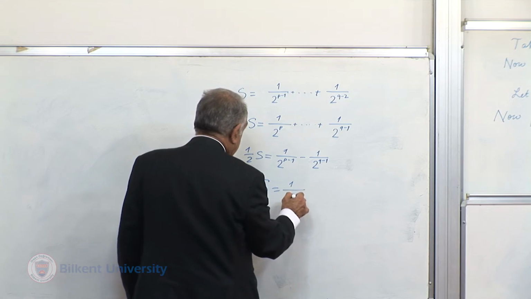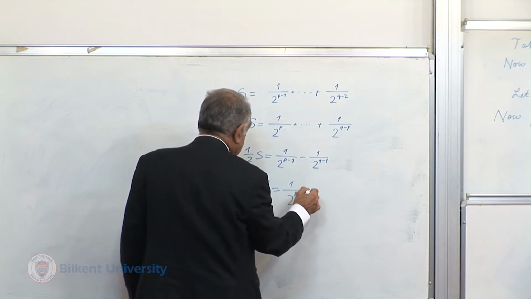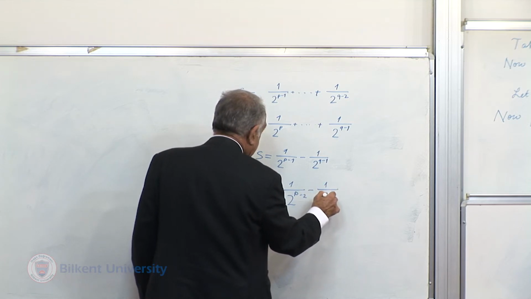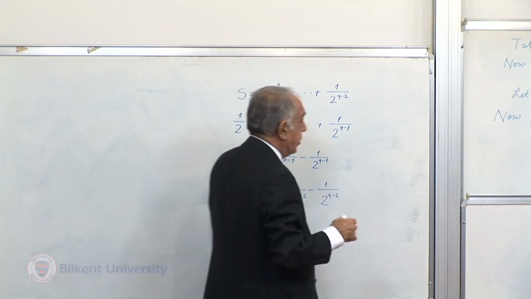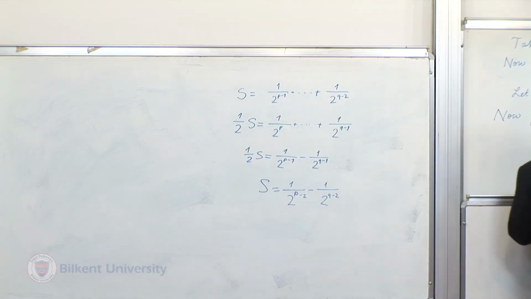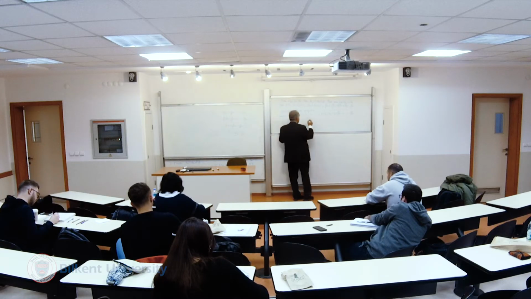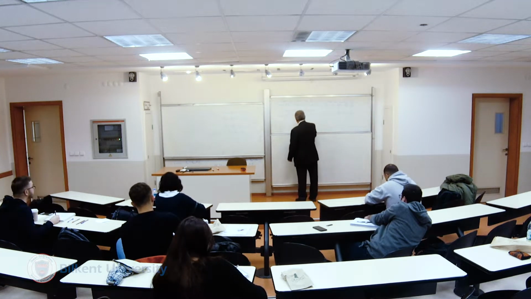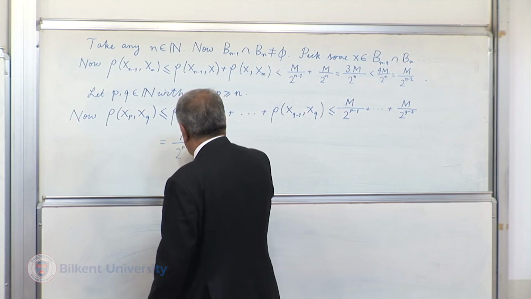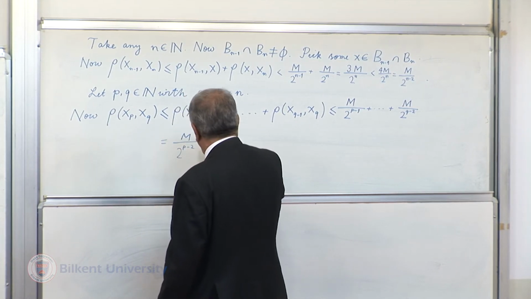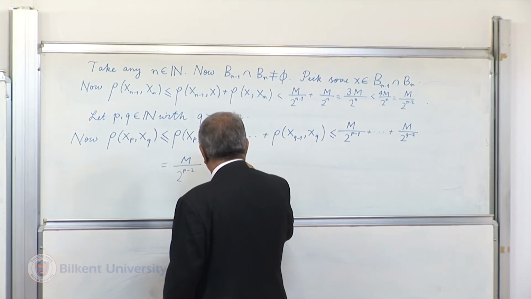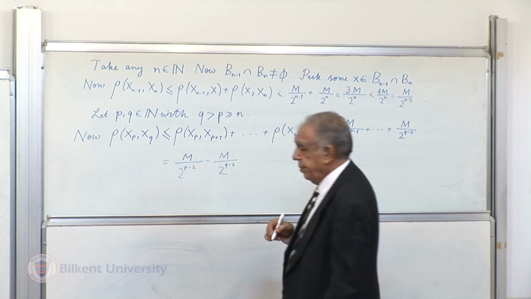S will be 1 over 2 to the power p minus 2 minus 1 over 2 to the power q minus 2. So this will be equal to m over 2 to the power p minus 2 minus m over 2 to the power q minus 2.